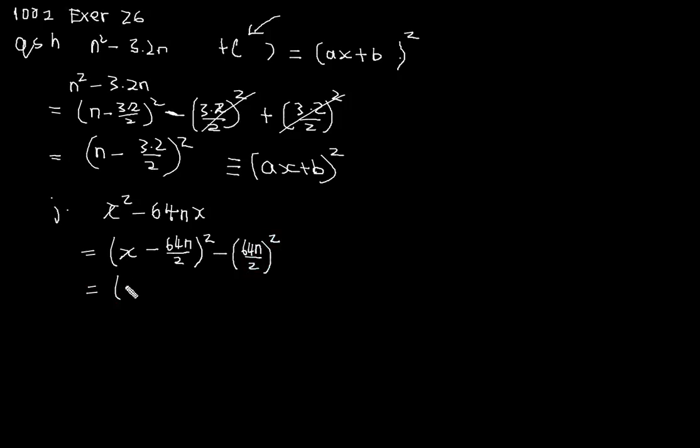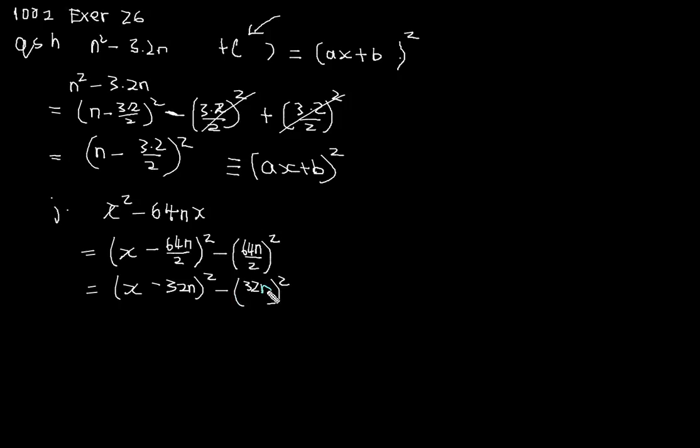Then you simplify this whole thing, it becomes 32n squared minus 32n squared. You just do this step now.